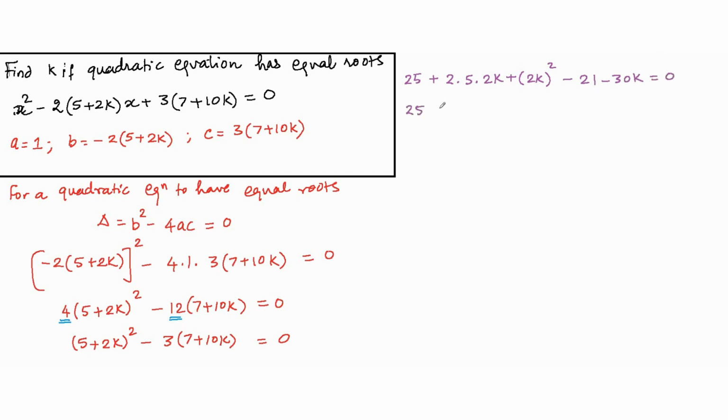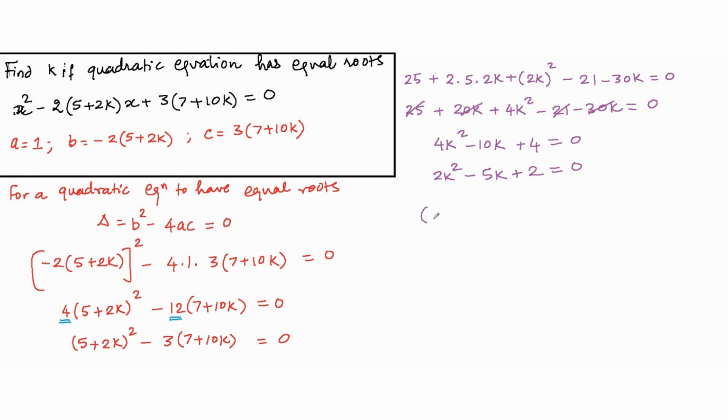So this becomes 25 plus 2 5s are 10, 10 2s are 20, 20k plus 2k the whole square becomes 4k square minus 21 minus 30k is equal to 0. So this becomes 4k square, 20k minus 30k becomes minus 10k, and 25 minus 21 becomes plus 4 equals 0. Dividing throughout by 2, you get 2k square minus 5k plus 2 equals 0.